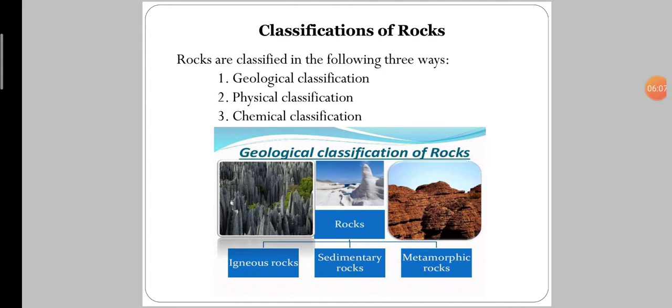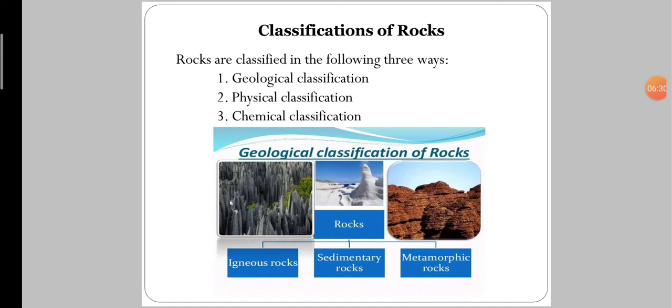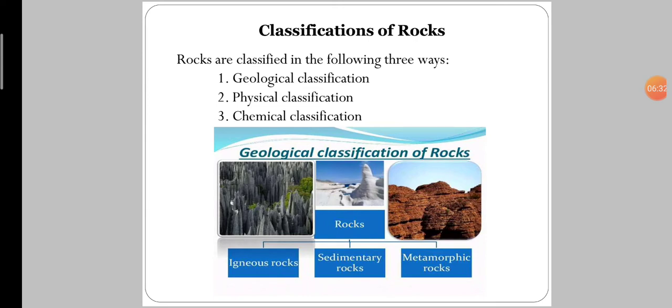Coming under igneous rocks, the word igneous is derived from Latin and gives the meaning of fire. This kind of rock, which is formed by the cooling of magma, is known as igneous rock.